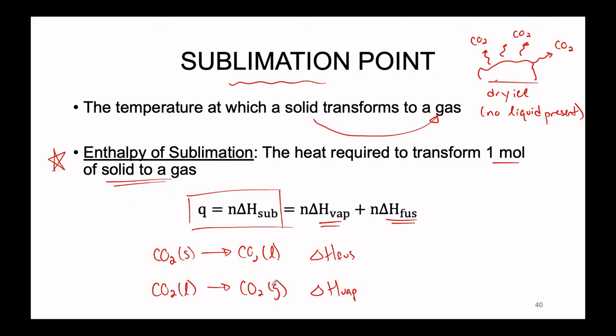If we add these 2 reactions together, what we would find is that the carbon dioxide in liquid state is going to cancel out, giving us something that looks like carbon dioxide solid moving directly into carbon dioxide gas.